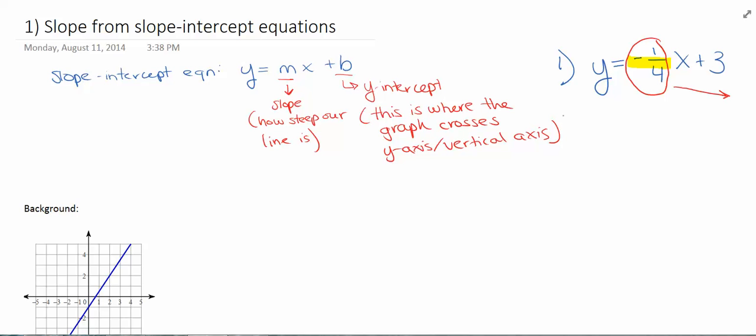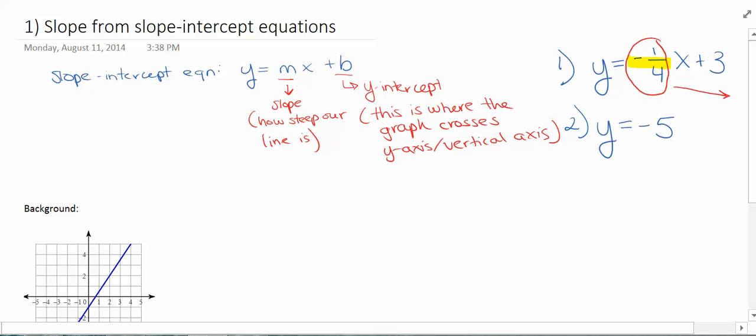If you look at number 2, this one's a little bit different. It is y equals -5. Now there is no number next to x, but if you wanted to, you could think of it as saying plus 0x. Okay, so again, the number next to x is 0, so we could say that our slope is 0.